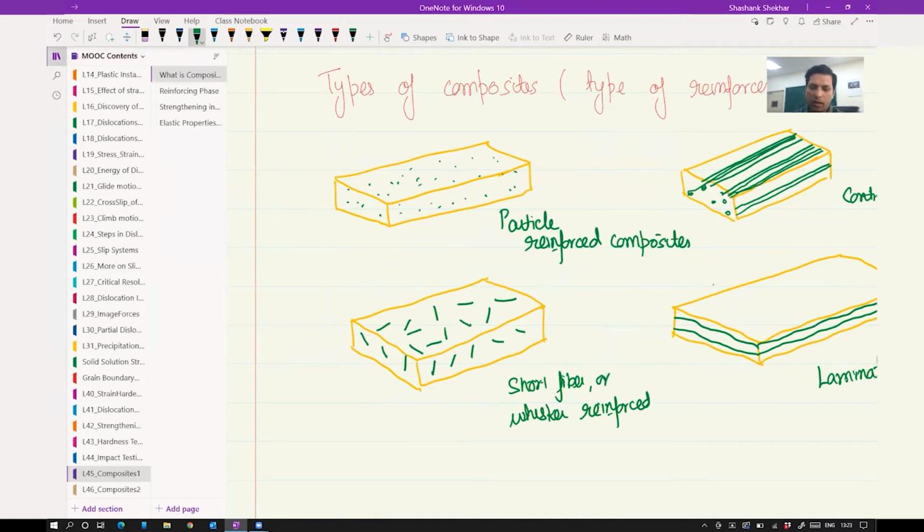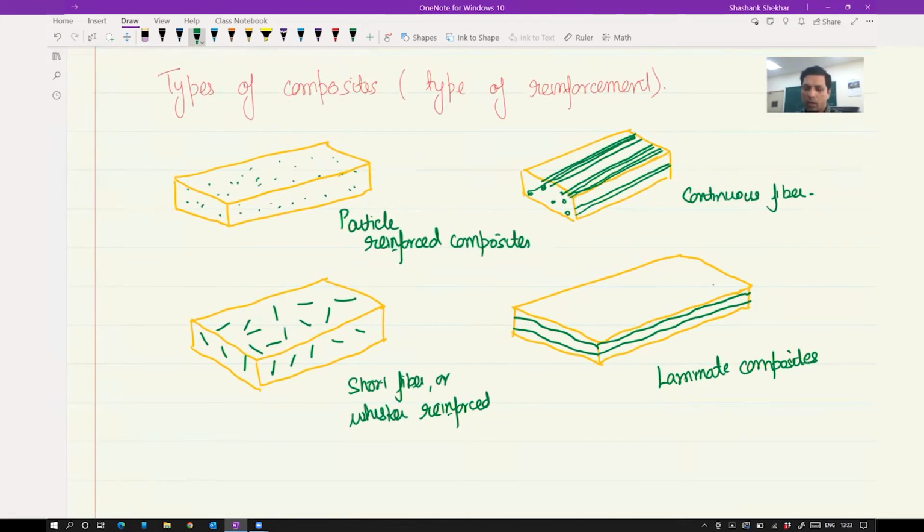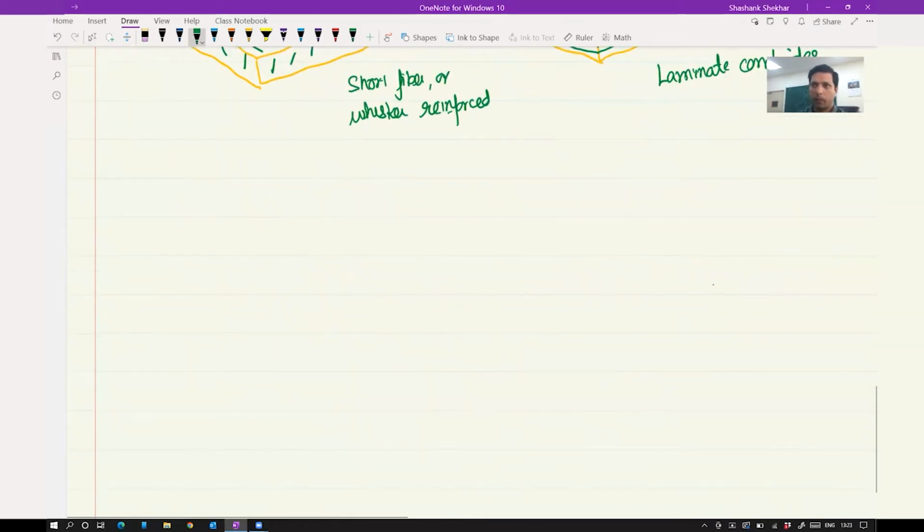Now let's look at what will be the role, or the expected contribution, from these matrix phases and the reinforcement phases. First, the role of the matrix phase.